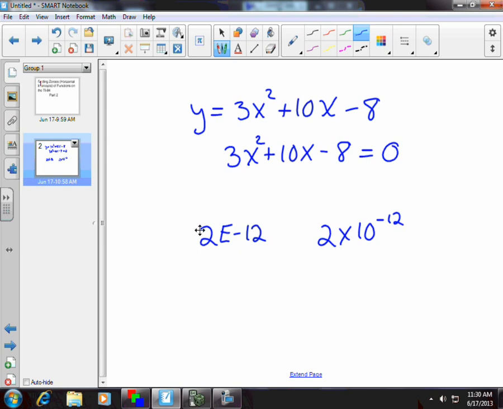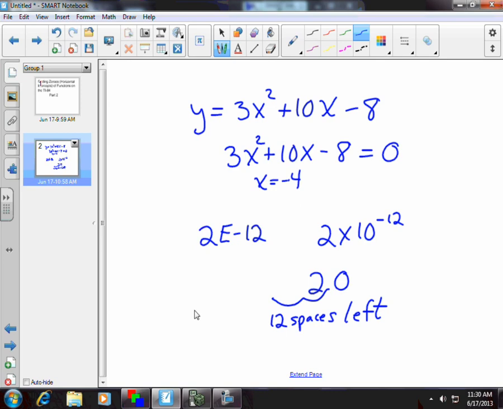You might also know this as 2.0 with the decimal point shifted 12 spaces to the left. So for all practical purposes, this is 0. Okay, so it did find the horizontal intercept. So our first horizontal intercept is x equals negative 4.